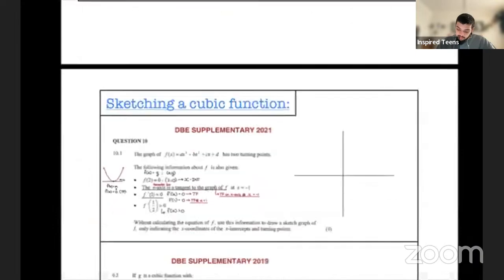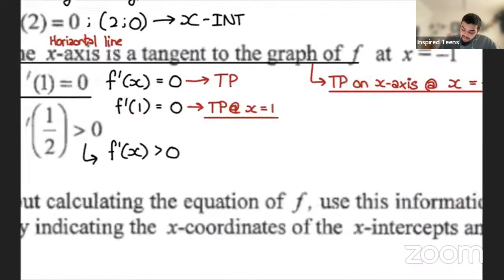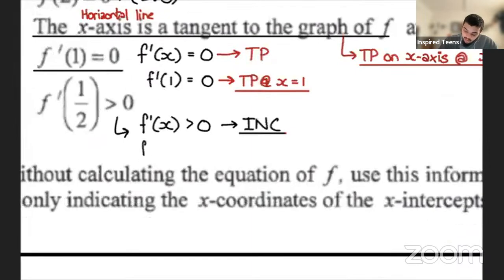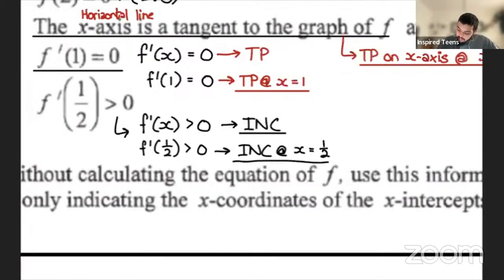Okay, f prime x being greater than 0 means that the graph is increasing. And if they say f prime of 1/2 is greater than 0, this means the same thing. The graph is increasing. However, at x is equal to a half. So the first one tells us that the graph is increasing. The second one just tells us that the graph is increasing at a specific coordinate.